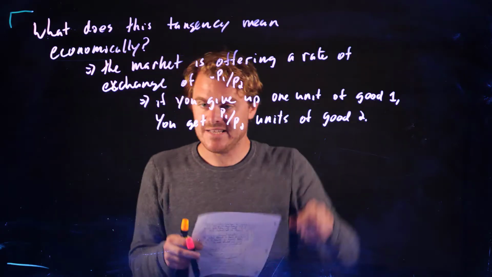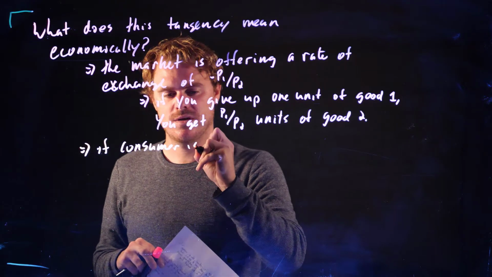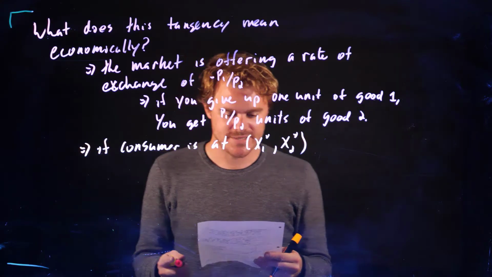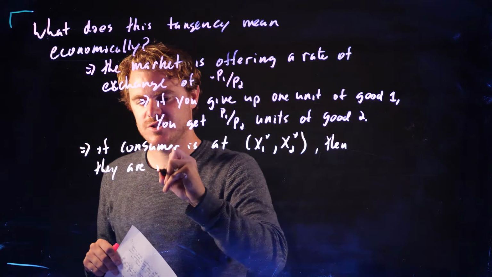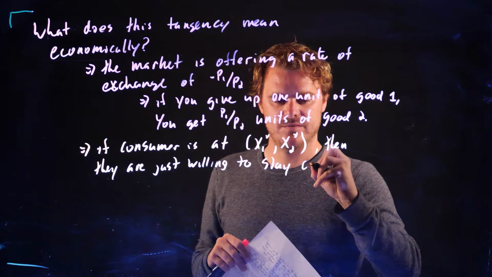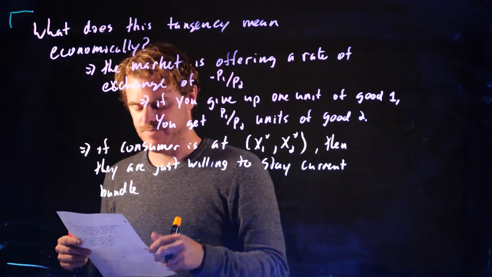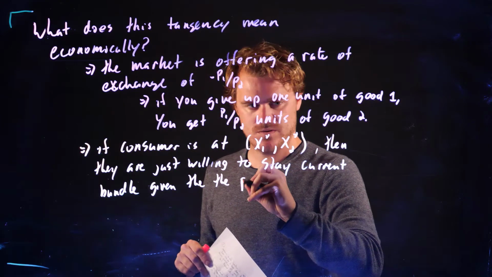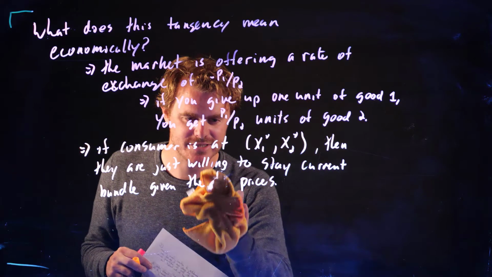So basically what this is saying is that if the consumer is at this optimal bundle, x1 star, x2 star, where the star indicates the optimal choices, then they are just willing to stay with the current bundle given the prices.